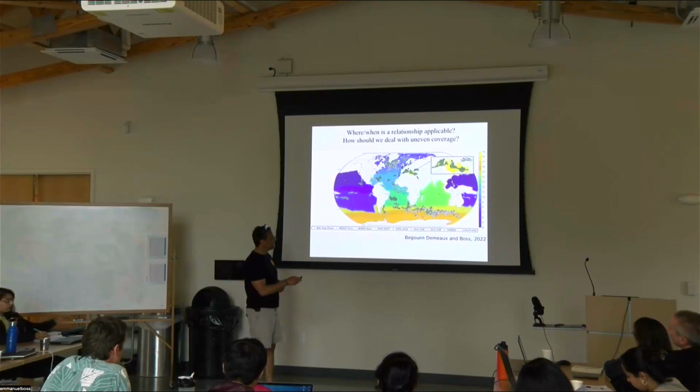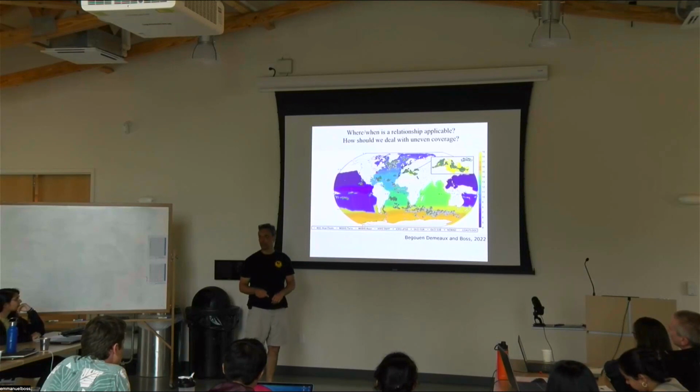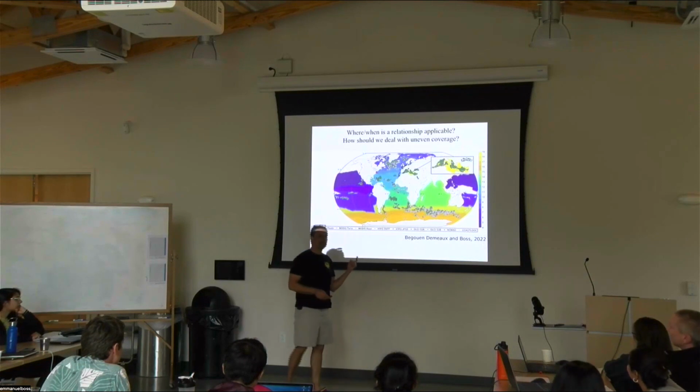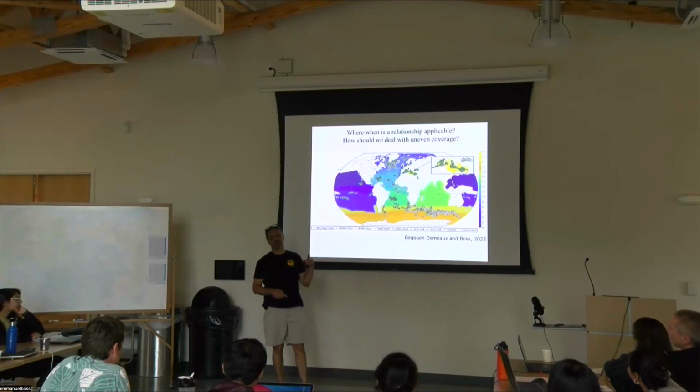But you still see that there's huge areas, despite as good as this data set is, where there's not even a single float that has a real. And when you deal with global algorithms, they might or might not work. Particularly if they are fully empirical algorithms. They're not based on radiative transfer, or they're not based on some knowledge of what should be the relationship.